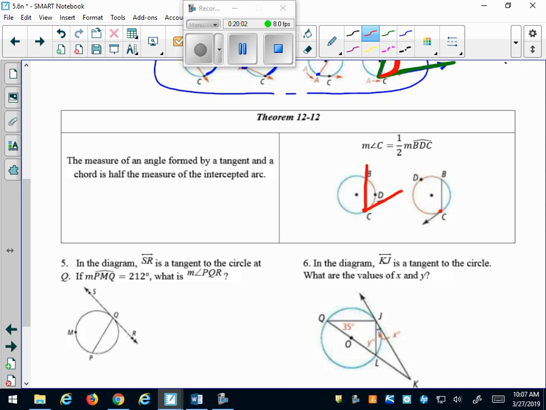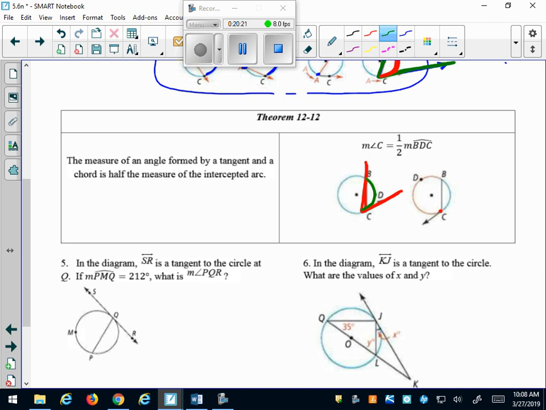So the back of this alligator's throat is basically right on the circle, and the arc is right there. But the measure of the angle is still half the measure of the intercepted arc.